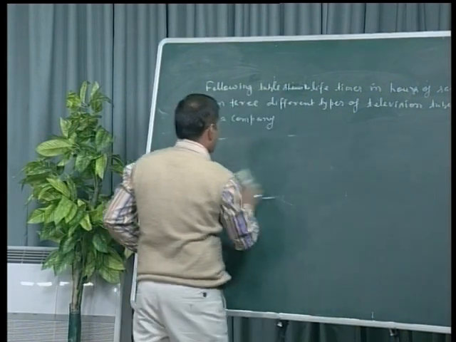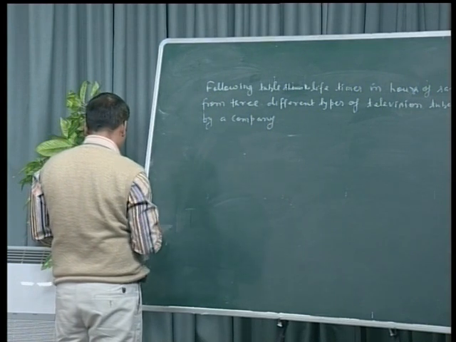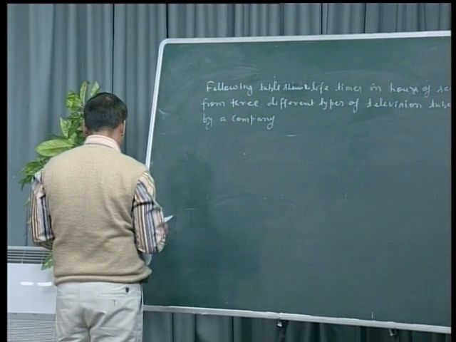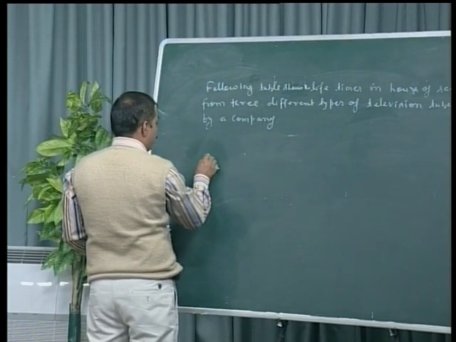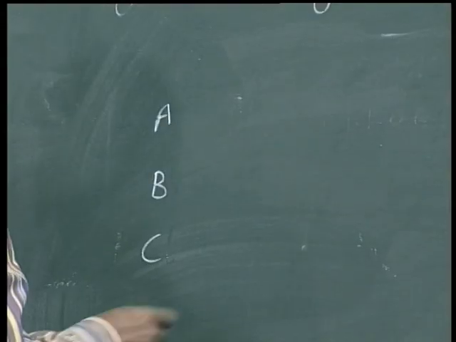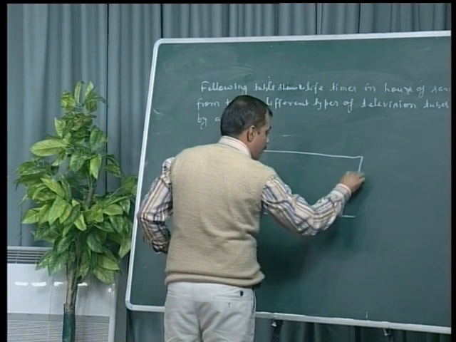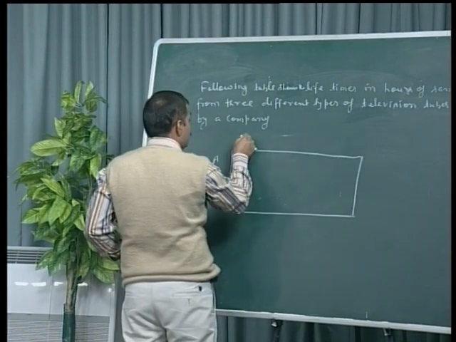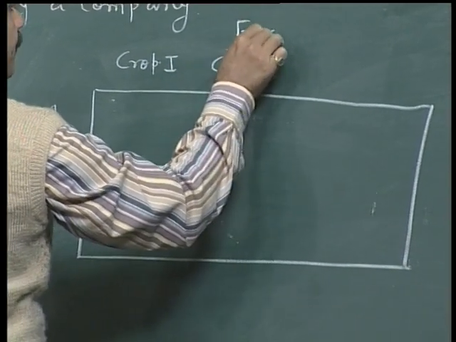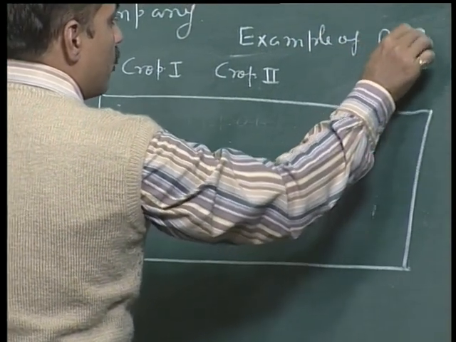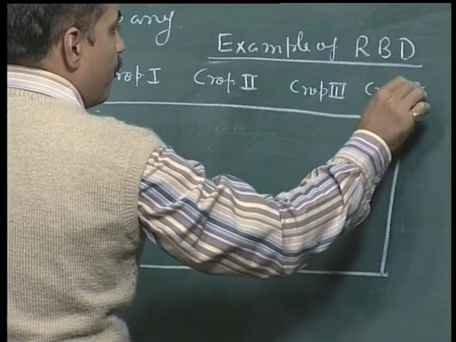Now let us consider an example of RBD, the randomized block design. Like the previous example, we apply 3 chemicals A, B, C, and 4 types of crop: crop 1, crop 2, crop 3 and crop 4.